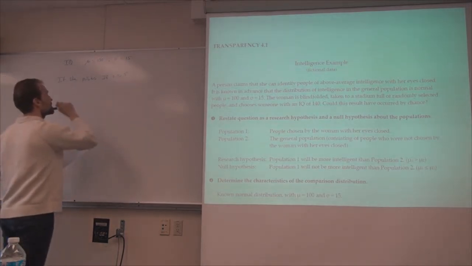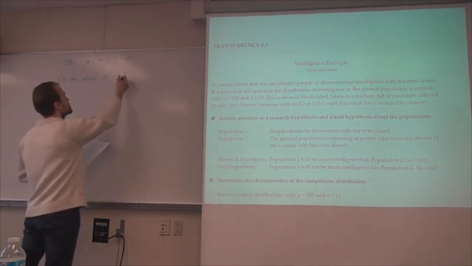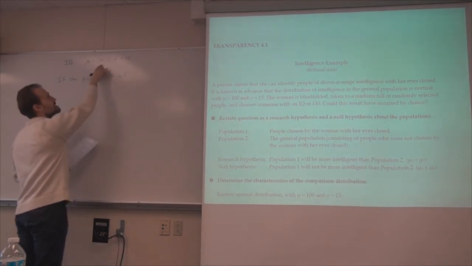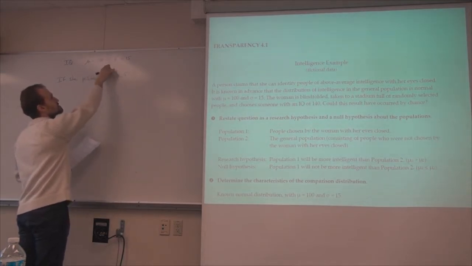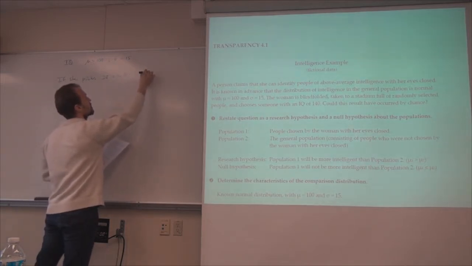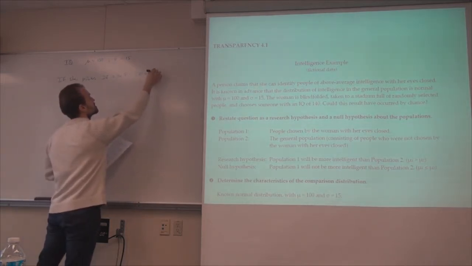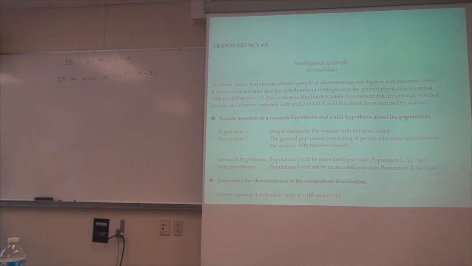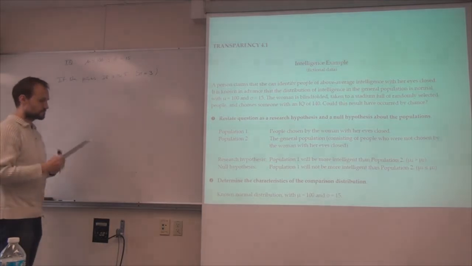Well, let's see, what is the corresponding z-score here? Well, it's 100 plus 15 plus another 15 plus another 15. So this one is going to be a z-score of 3. It's 3 standard deviation steps away from 100.